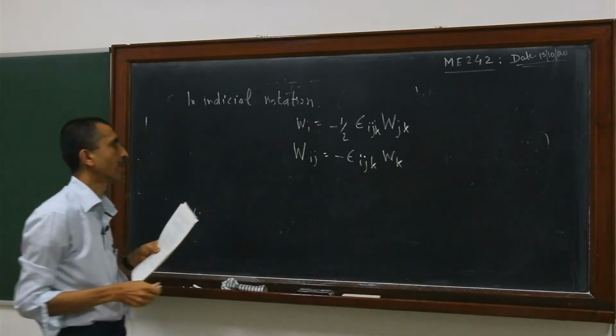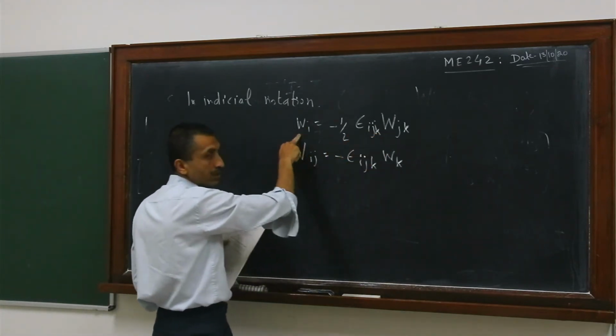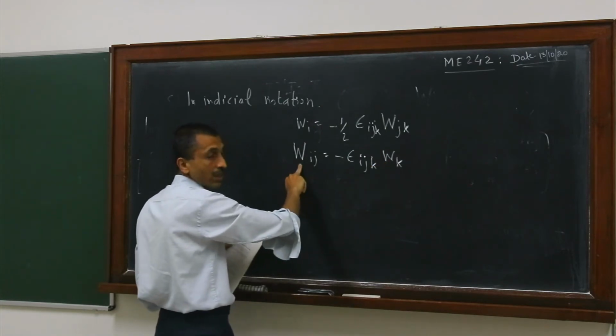This is how you can write. So if you are given capital W, you can construct the small w. If you are given the small w, which is a vector, then you can construct the capital W.